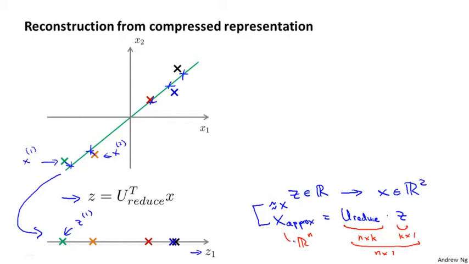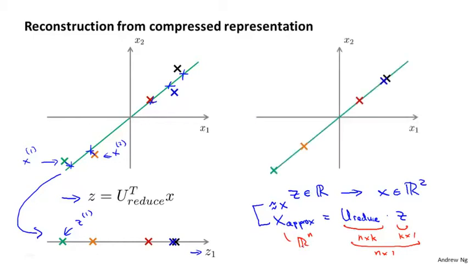To show a picture of what this looks like, this is what it looks like. What you get back out of this procedure are points that lie on the projection of that onto the green line. So to take our earlier example, if we started off with this value of x1 and we got this value of z1, if you plug z1 through this formula to get x1 approx, then this point here would be x1 approx, which is going to be in R2.